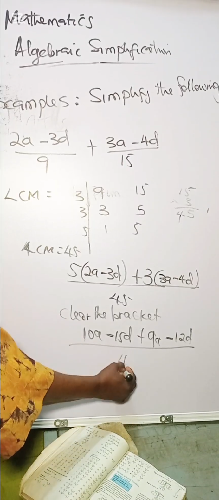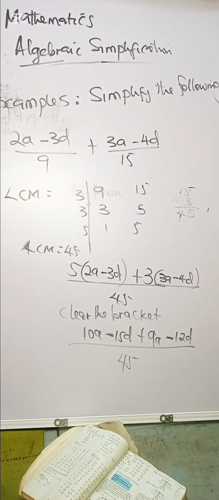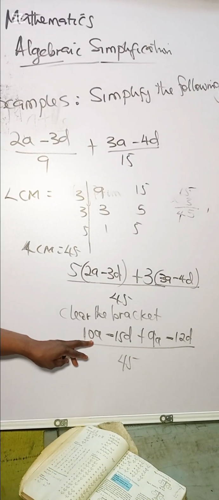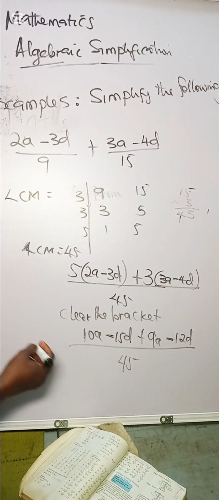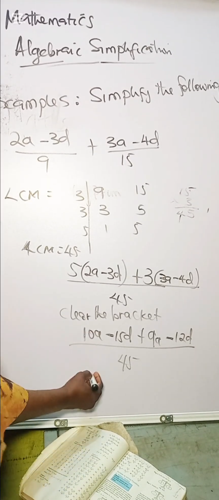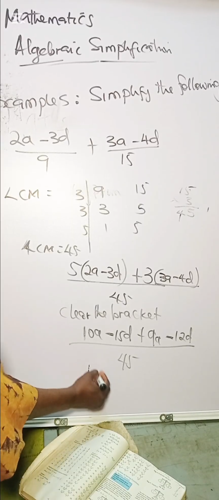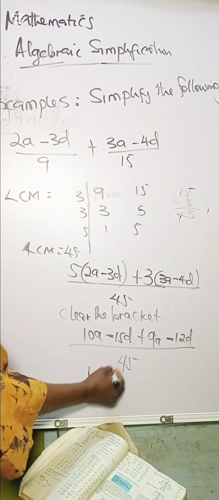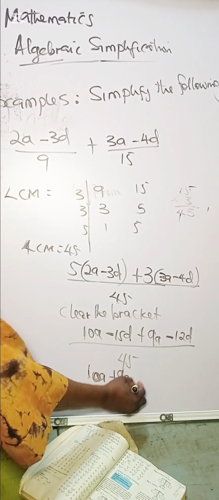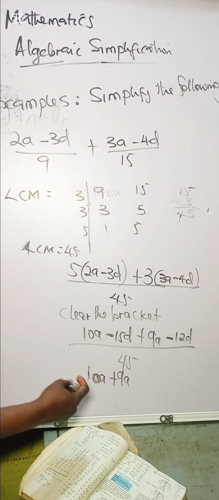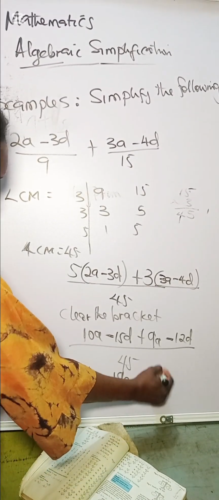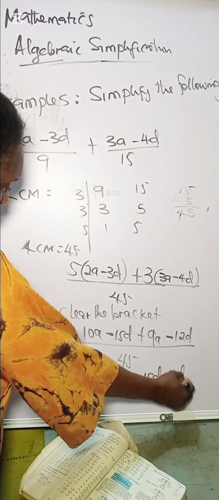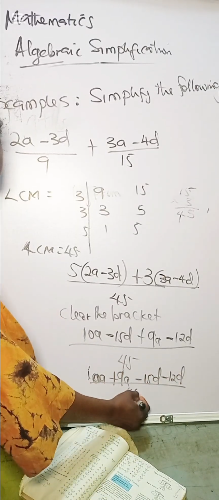All over 45, because it's still in fraction. Now I'm going to arrange them in their common terms or like terms. Let all the a's come together. So I have 10a plus 9a. As you're moving them, move them along with their signs. Minus 15d minus 12d all over 45.